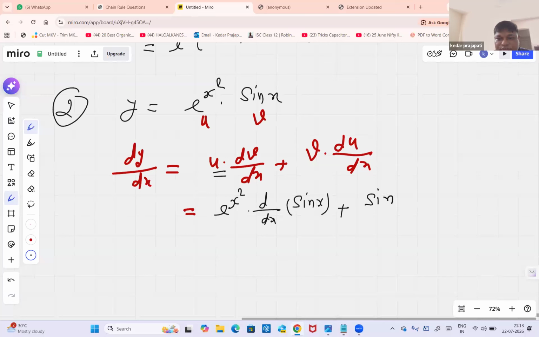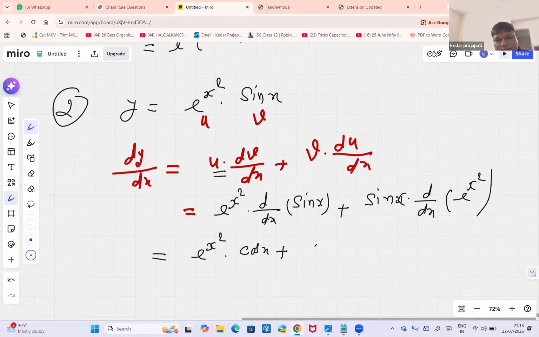If you don't follow, please stop me, okay? Sin x and then d by dx of e to power x square. Now we have to differentiate this. This is e to power x square into d by dx of sin x, which is cos x, then sin x into d by dx of e to power x square. Treat x square as x.